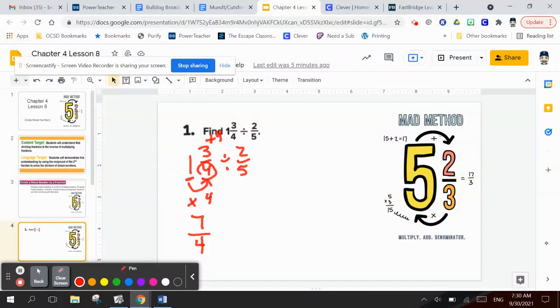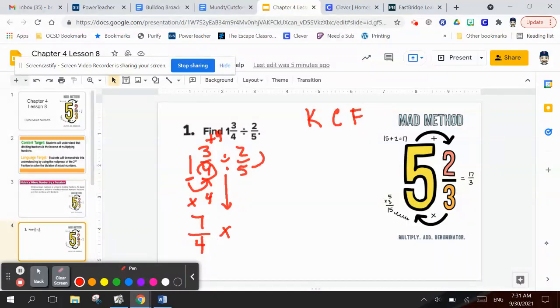Now, not only am I using the MAD method to help me change that mixed number to an improper fraction, now I have to remember my keep, change, flip because we are dividing fractions. So I'm going to keep this first fraction the same, 7/4. But now I'm going to change my sign from divide to multiply.